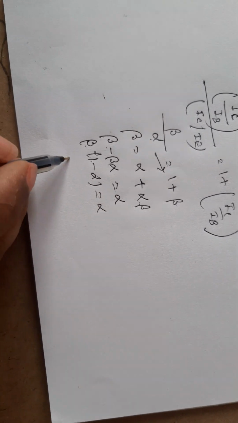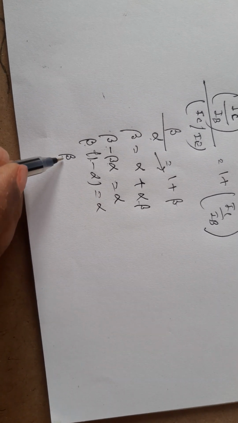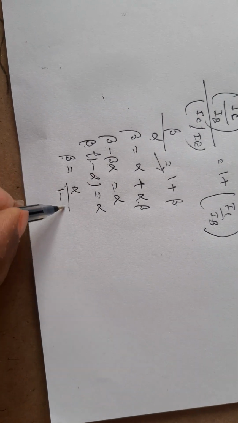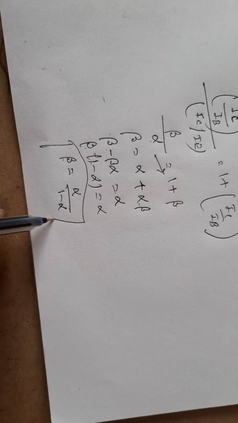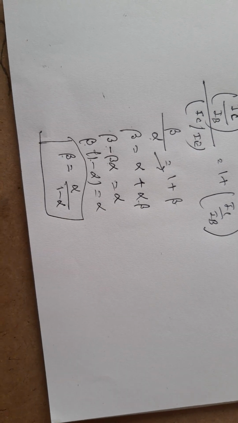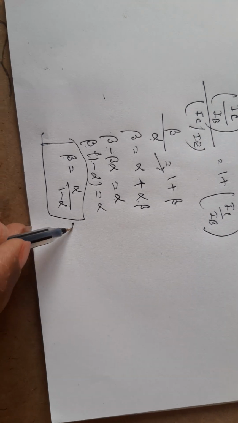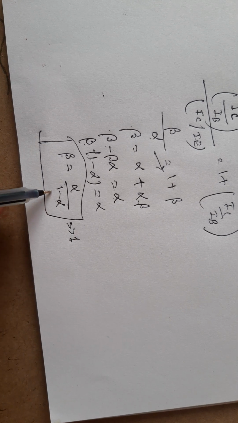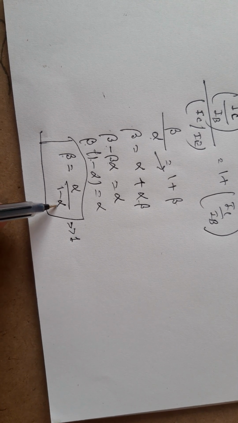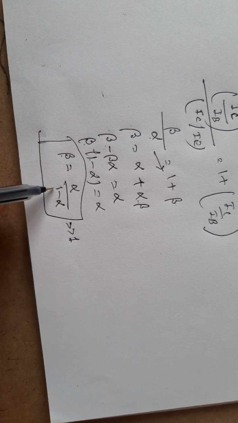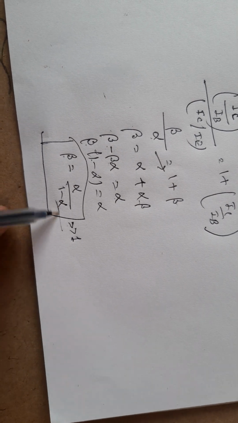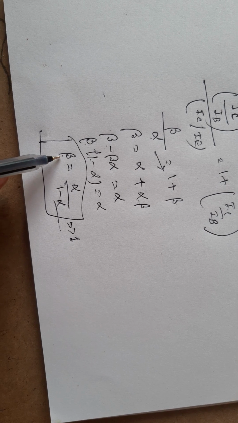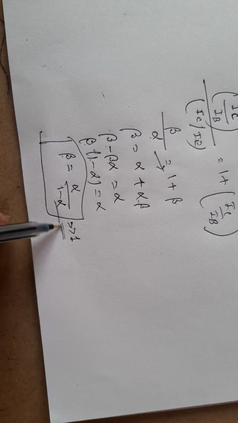Or beta, the current gain in common emitter mode, is equal to alpha divided by 1 minus alpha. This is very much greater than 1 because the denominator, 1 minus alpha, is very much less than alpha. Therefore, the ratio is very much greater than 1. That is, the current gain beta in common emitter configuration is always greater than 1.